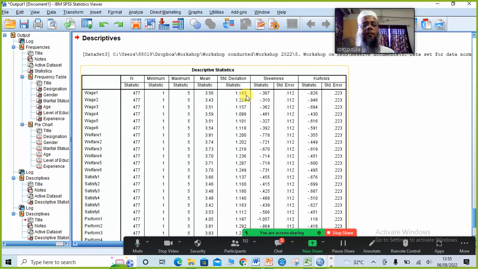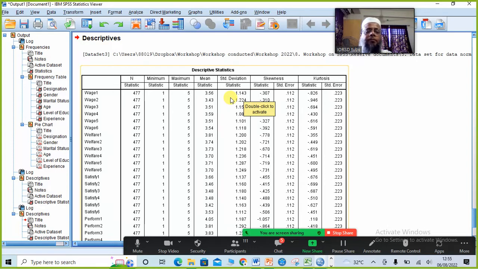Brother Shahriar, are you there? Dr. Humaira? Yes, Doctor, did you call me? Brother Shahriar, in this descriptive statistics, we have the result of the standard deviation and the mean. The mean is 3.56, and the standard deviation value given here is 1.143. What does this standard deviation mean here?